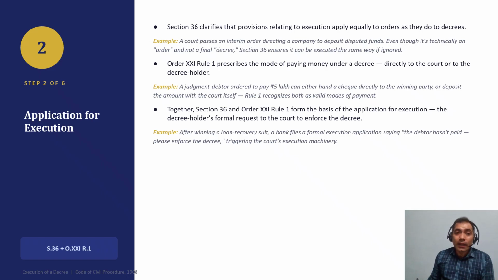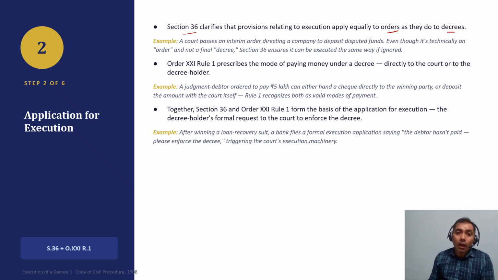Step number 2, application for execution. Section 36 clarifies that the provisions relating to execution apply equally to orders as they do to decrees. So they are equally applicable to orders and equally applicable to decrees.